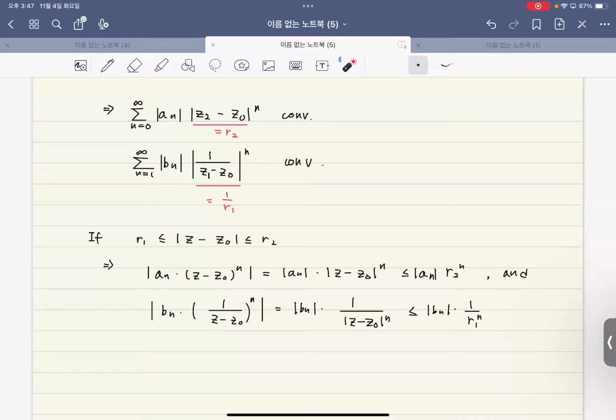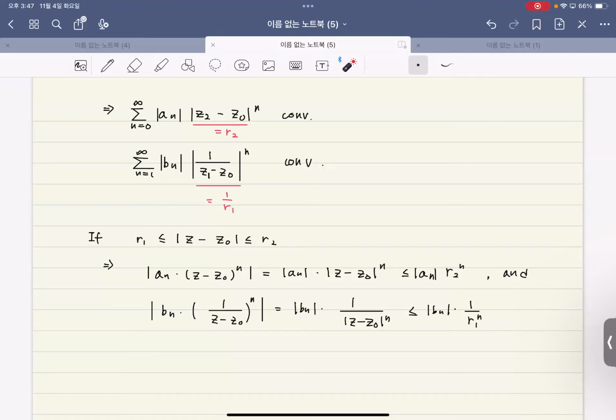Suppose you have a series of functions that looks like this, and each of these terms is bounded by some number, and if the series of those bounds is convergent, then the Weierstrass M-test tells us that this series converges uniformly. That was the statement.